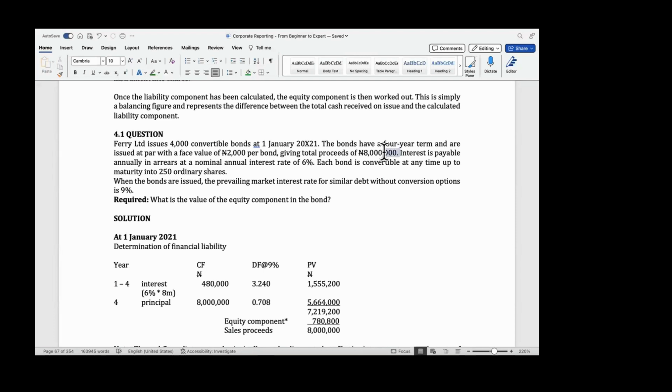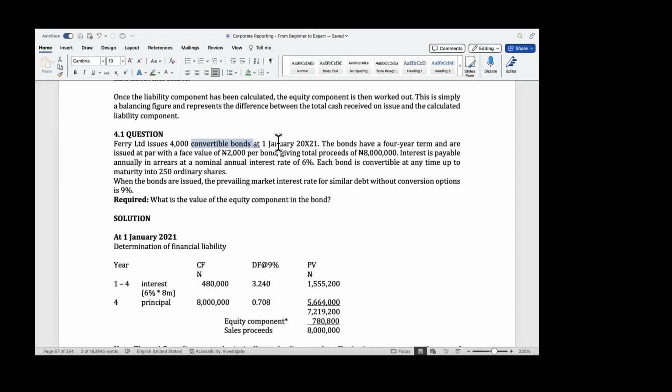The main thing here is that Ferry Limited has borrowed 8 million, which is just 4,000 multiplied by 2,000. And it's a 4-year term, meaning at the end of the 4 years, it's going to pay back the 8 million. But now, when they say convertible, meaning that Ferry is giving the lender the option of converting to shares.